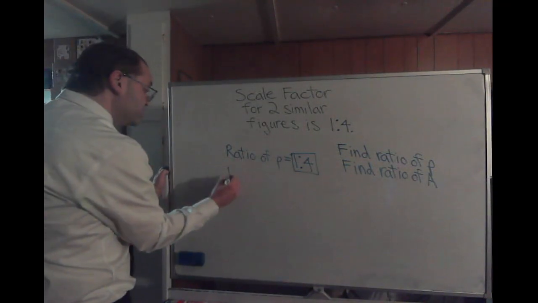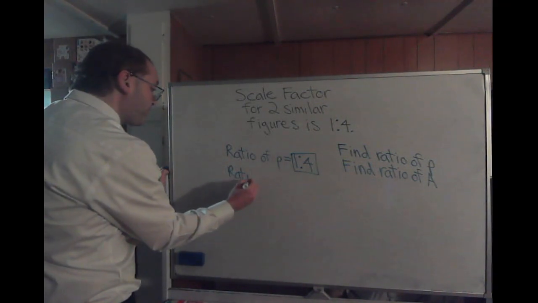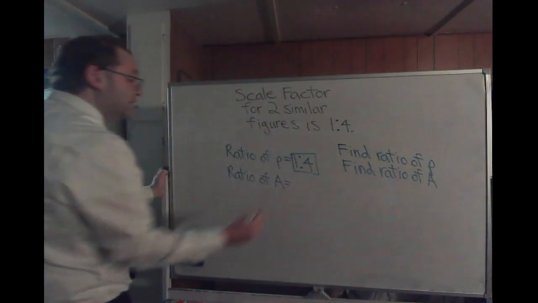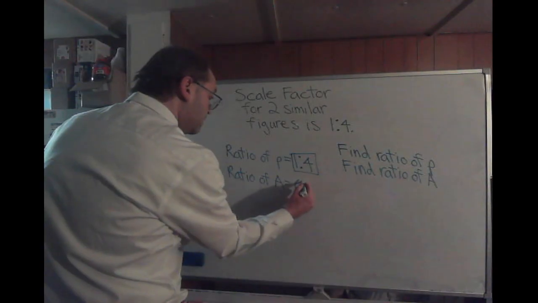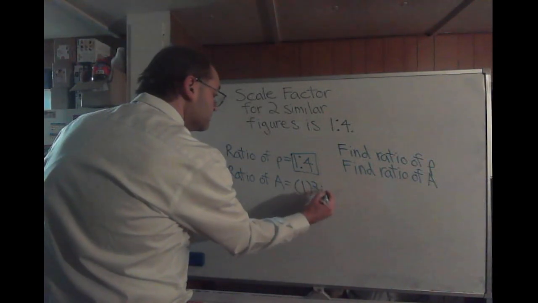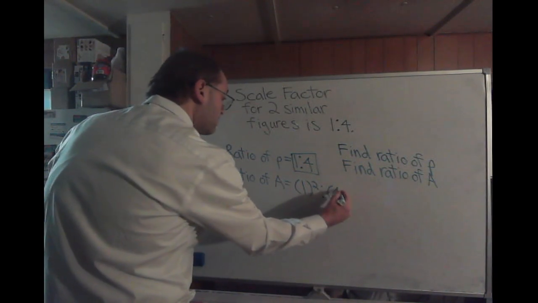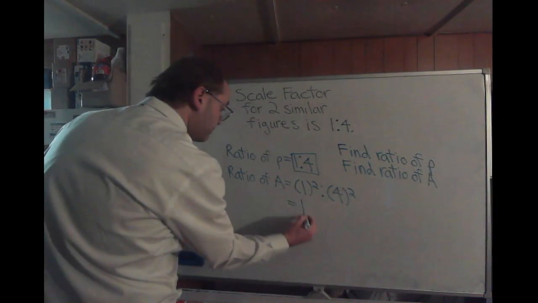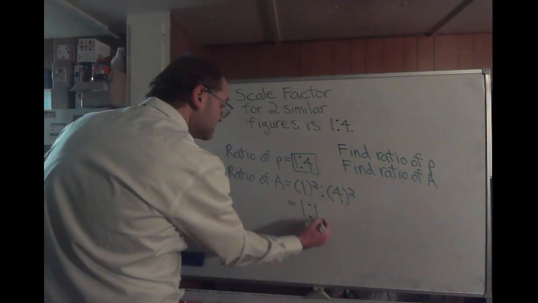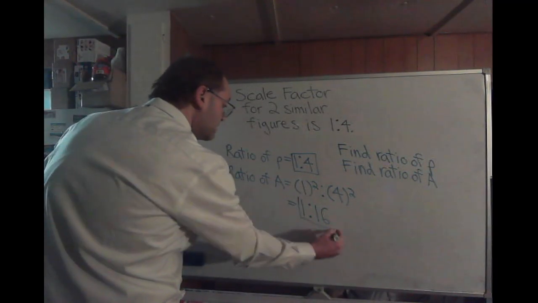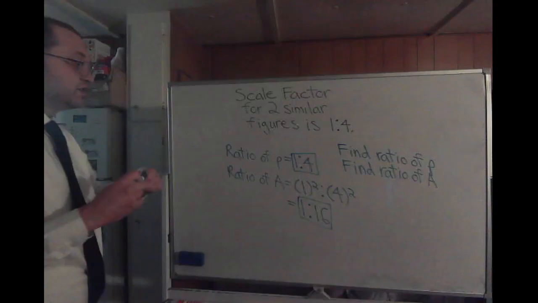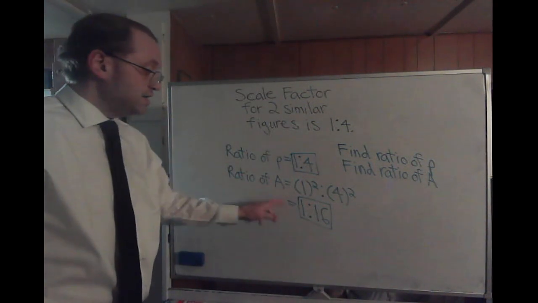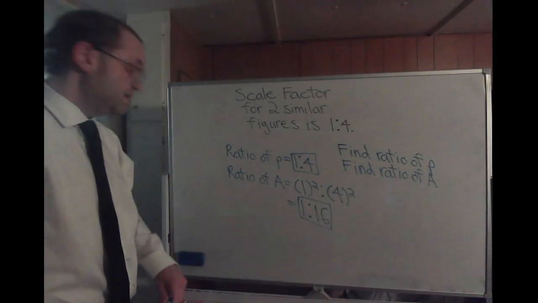Now to find the ratio of the areas, which will be ratio of capital A, that's going to be 1 squared to 4 squared, which then, of course, you do the exponents, that ratio would actually end up being 1 to 16 for the areas. So the ratio for the perimeters is still 1 to 4, like for the original scale factor, but the ratio of the areas would end up being 1 to 16.